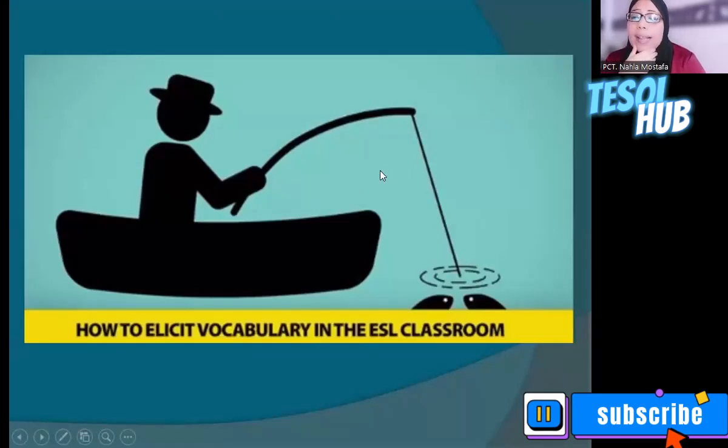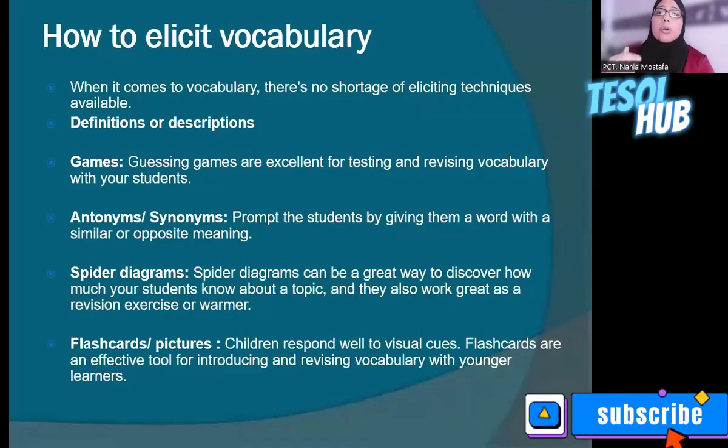So how to elicit vocabulary in an ESL classroom? There are many ways that you can use when you start letting your students elicit vocabulary. One of them is giving students definitions or descriptions for something and they need to elicit it. Another way is by games.